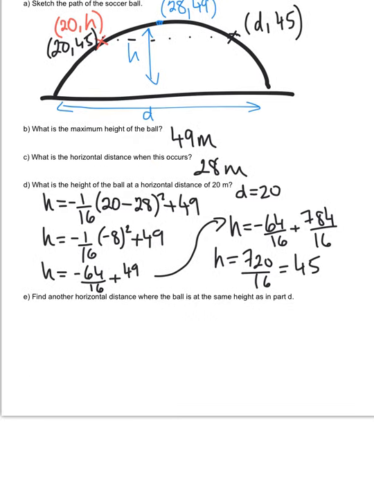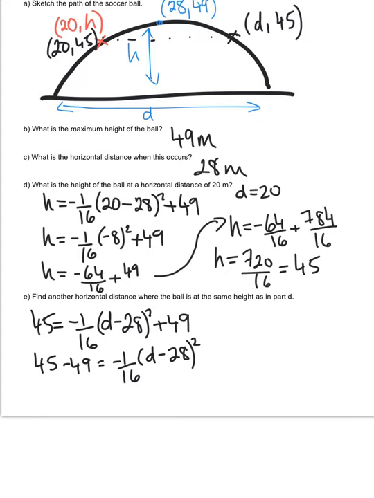All right, so doing that, we have 45 is equal to -1/16 (d - 28)² + 49. So my first step is to bring the 49 over to the other side. Next step is to multiply both sides by -16. And then remember, we get a positive value because -4 times -16 is 64.